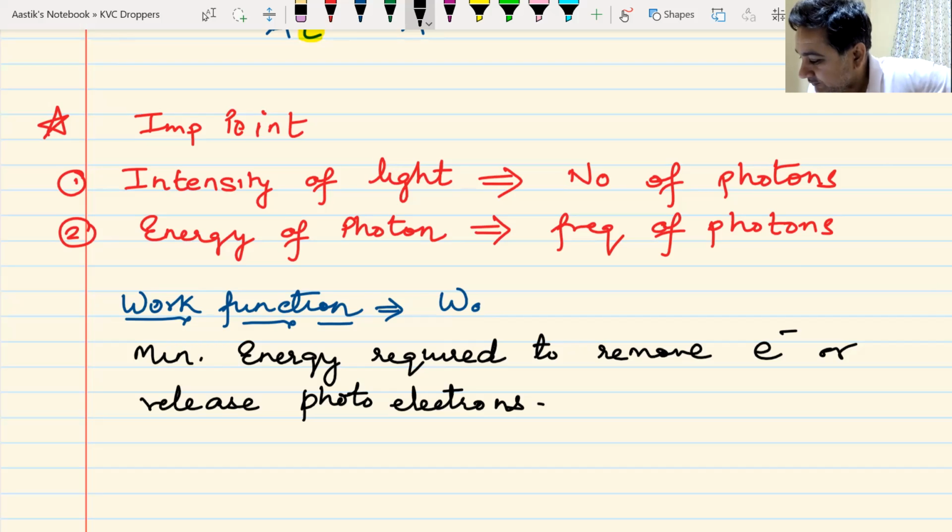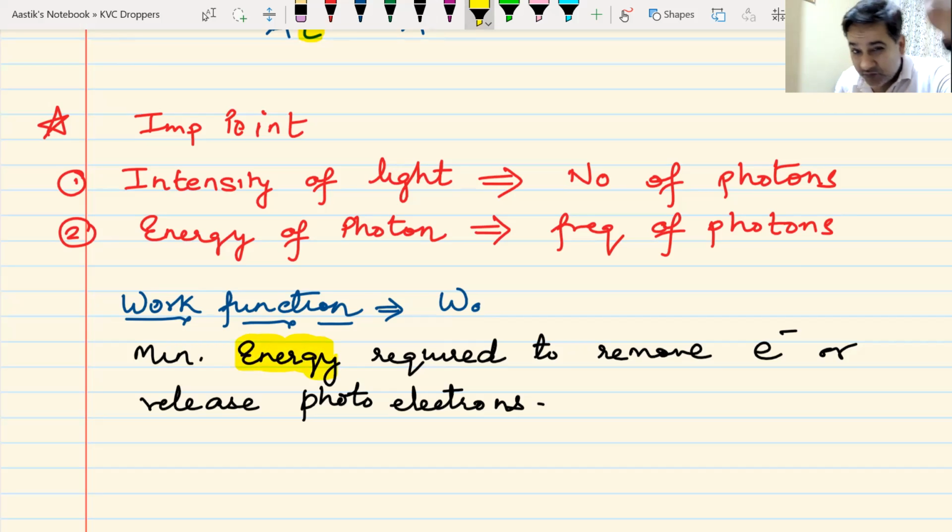Yes or no? Yes, sir. This is common sense. If work function is more, more energy is required. If work function is less, less energy is required. Yes or no? Yes, sir.